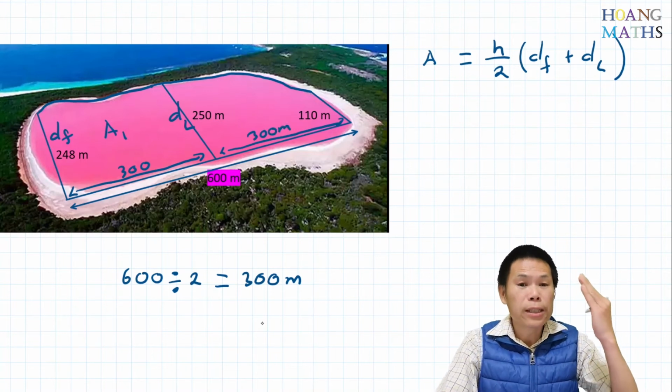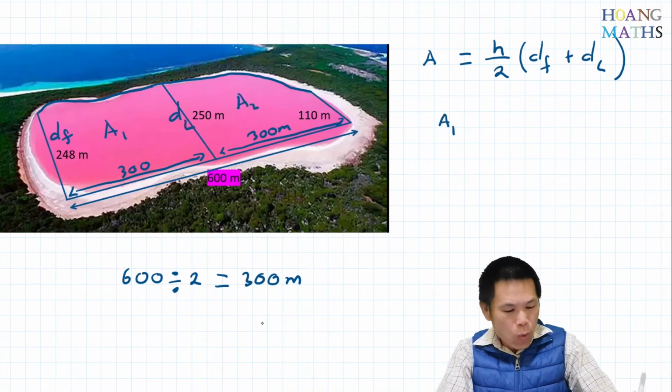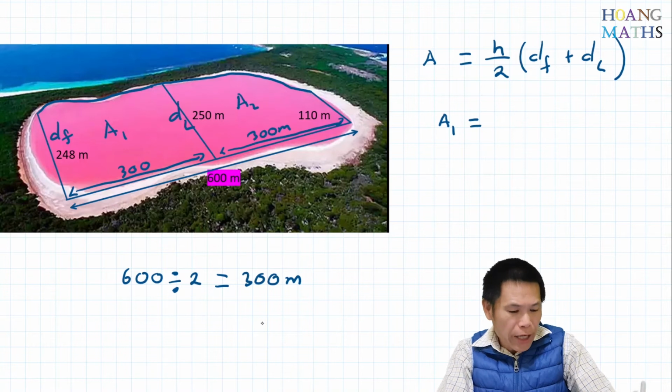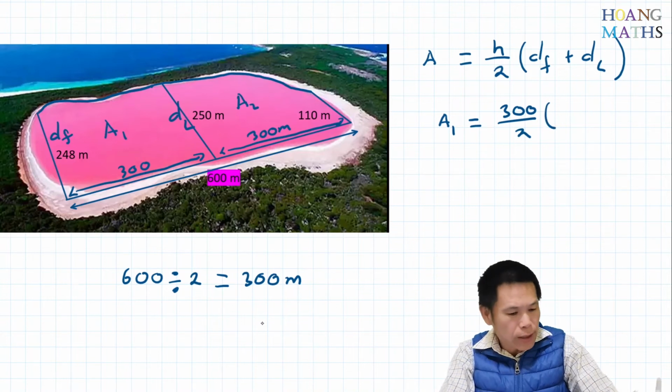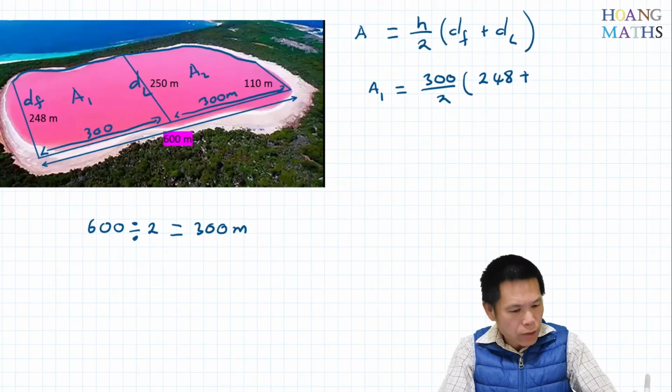So now we just substitute this value in. Let me write down A1 first, and this is A2, okay? Don't forget. So A1 is equal to H is 300 over 2, brackets. So D first is 248. And then we add 250.